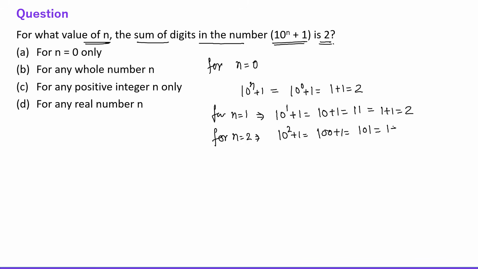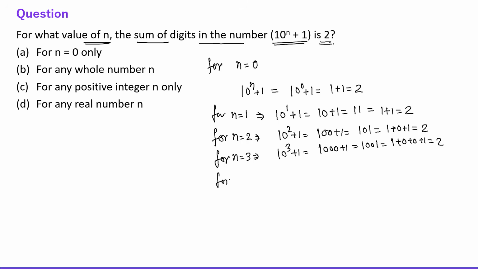The sum of the digits will be 1 plus 0 plus 1, which is 2. For n equal to 3, 10 raised to the power 3 plus 1 will be 1000 plus 1, so that is 1001. The sum of the digits will be 1 plus 0 plus 0 plus 1, which is 2.